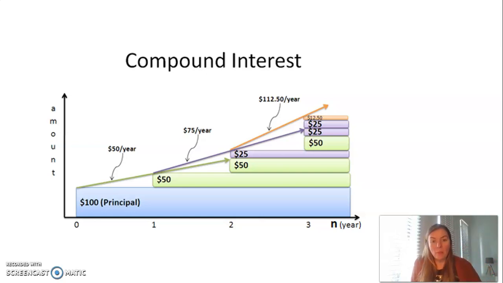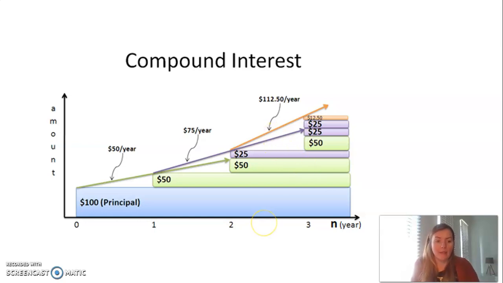You can see here with compound interest that that's not the case. Now, this is just a really rough example here, but we're starting off with the principal. After 1 year, it's grown by a certain amount. The second year, it's grown by more, and then the third year, more again. Okay, so if you're going to graph it, it would produce a curved graph.